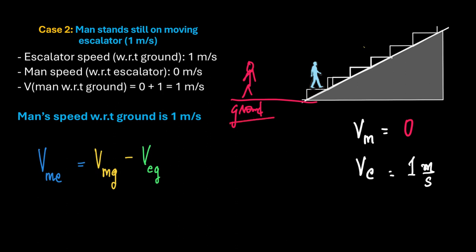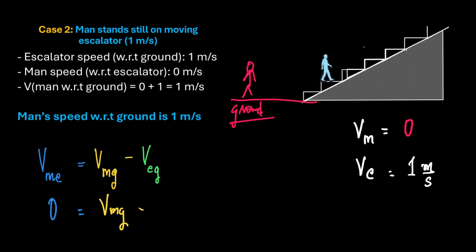So all the measurements which are made regarding the motion will be with respect to the ground. Now, velocity of man with respect to escalator is 0. Why? Because the person is standing stationary here. Now, what is velocity of man with respect to ground is what we are trying to find out.